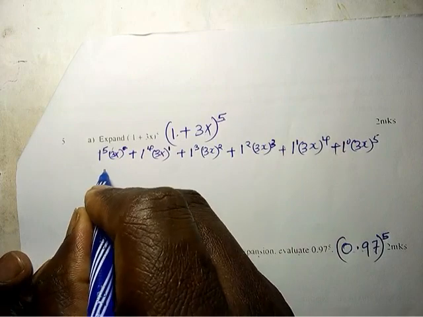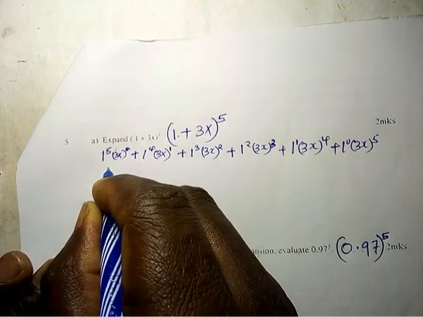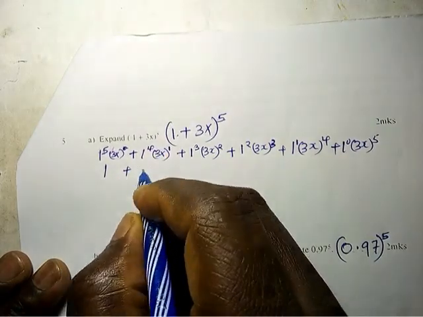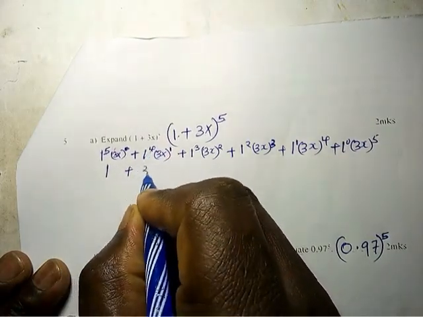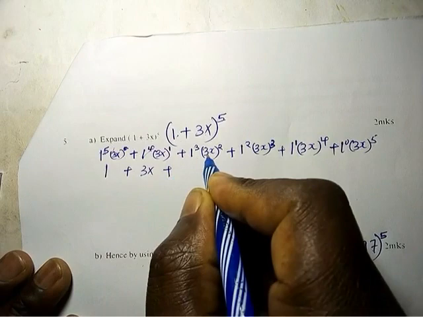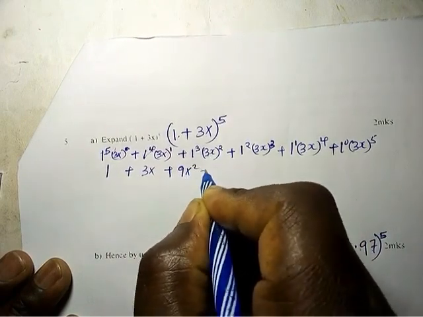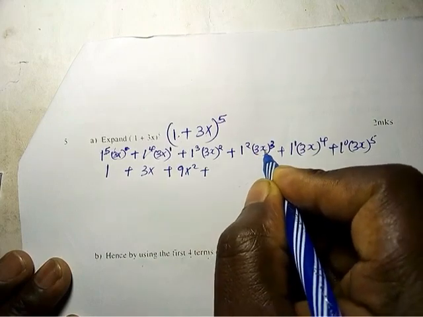So here we are going to have 1 plus 3x plus 9x squared plus 27x cubed plus 81x raised to power 4 plus 243x raised to power 5.